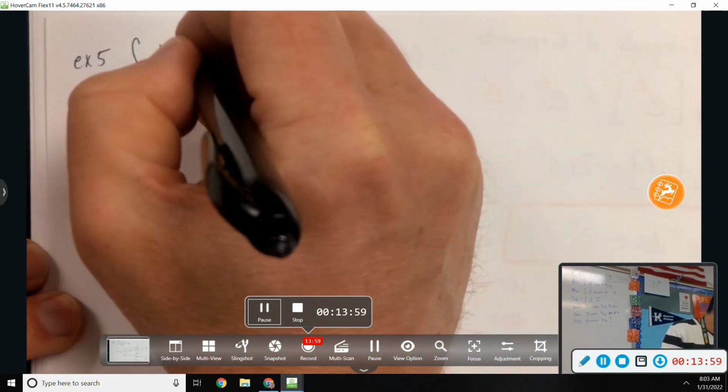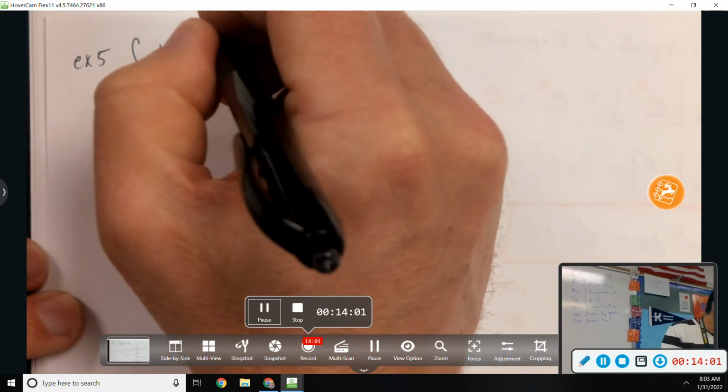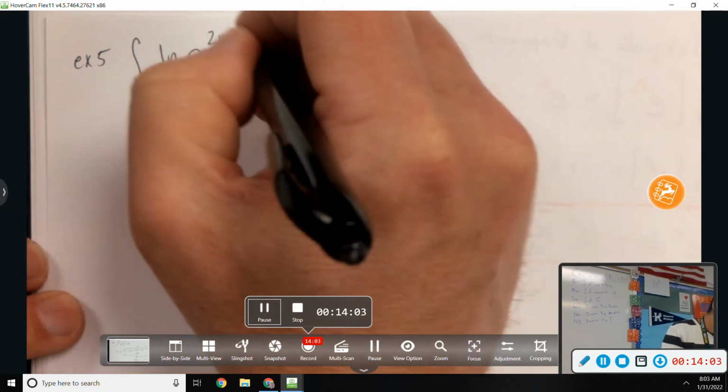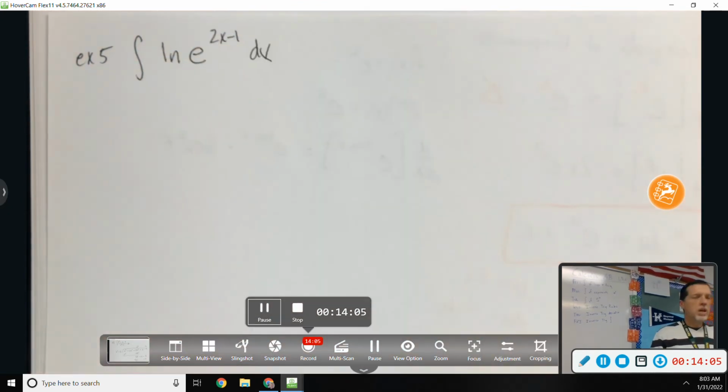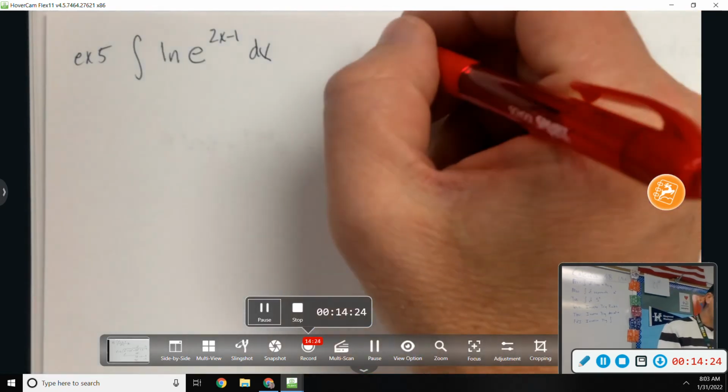Antiderivative, natural log, e to the 2x minus 1. That looks complicated. But there's an algebra property going on here.